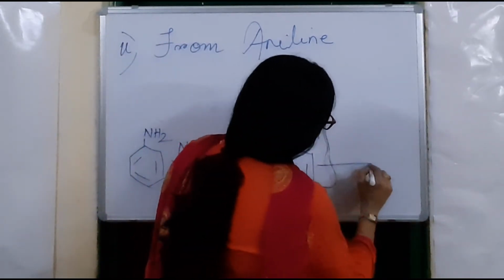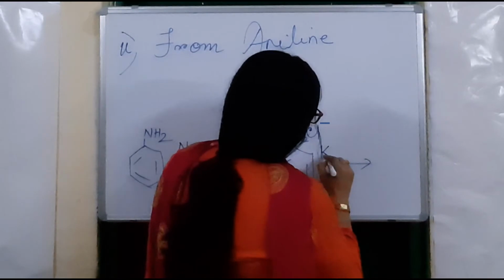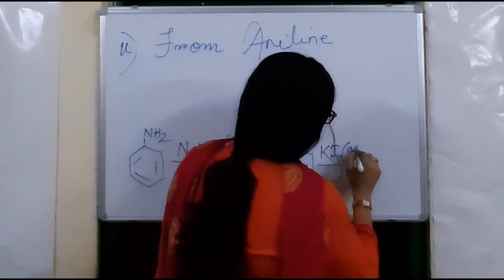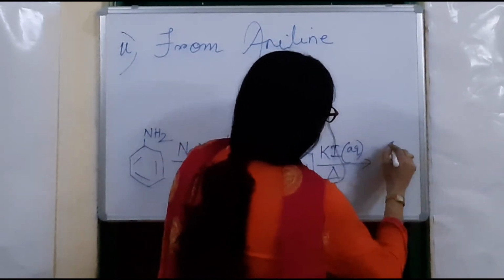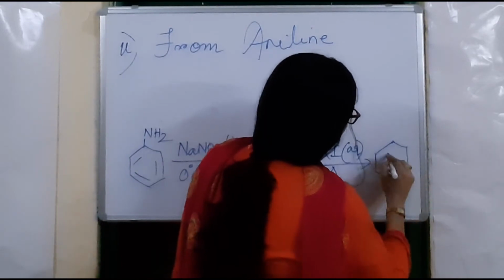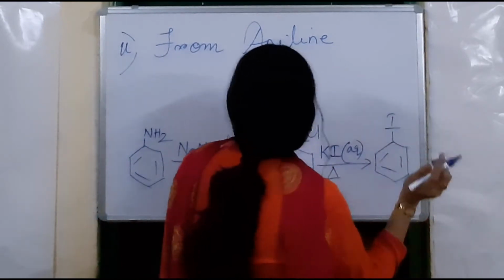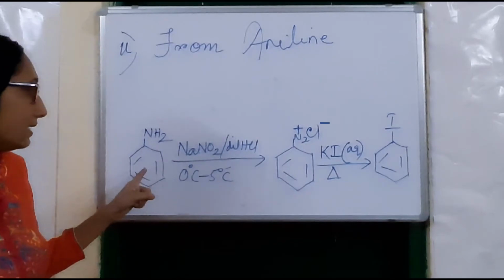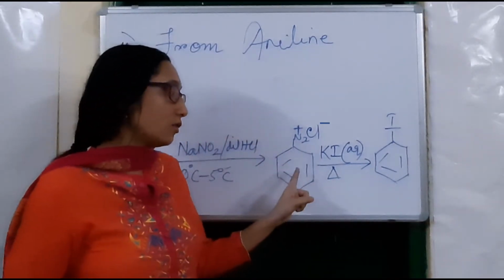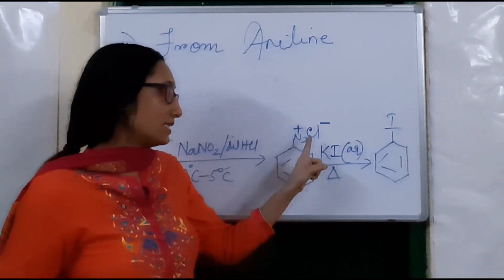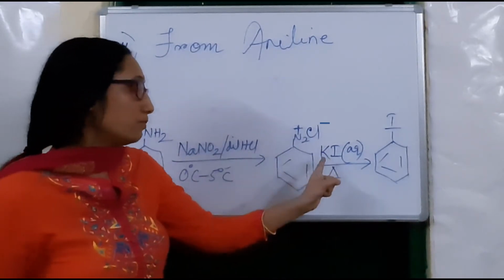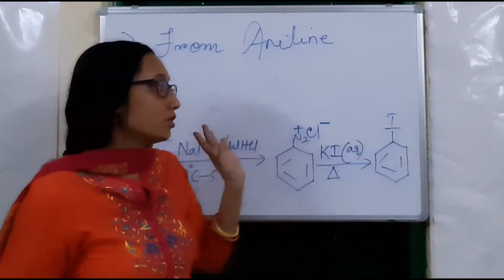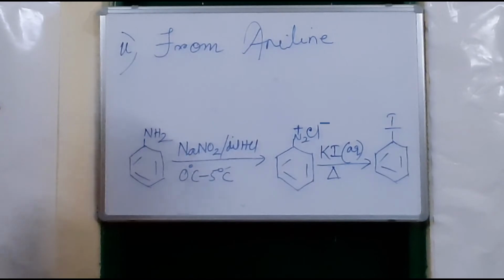Now I will heat this benzene diazonium chloride with aqueous KI. I will get here iodobenzene. So aniline, benzene diazonium chloride, then we will heat this benzene diazonium chloride with potassium iodide and we will get iodobenzene.